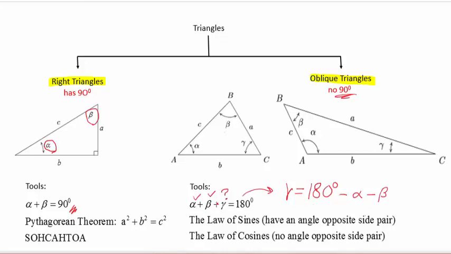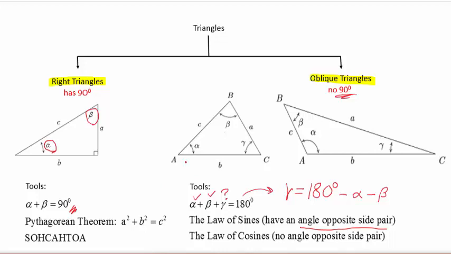The other two tools that we have for oblique triangles are the law of sines and the law of cosines. Which tool you use depends on which information is given in the problem. For example, if in your problem you are given an angle opposite side pair, then you know you have a law of sines problem.